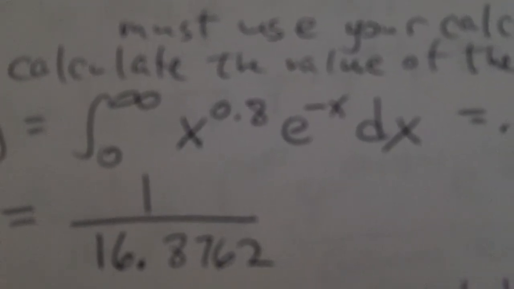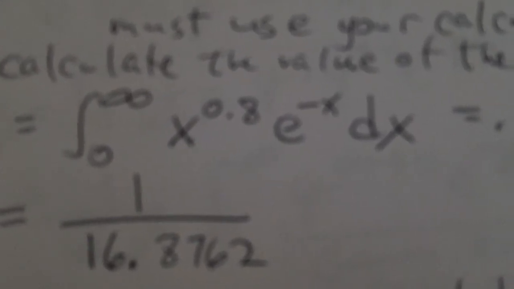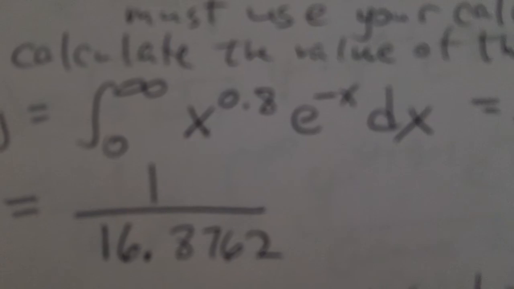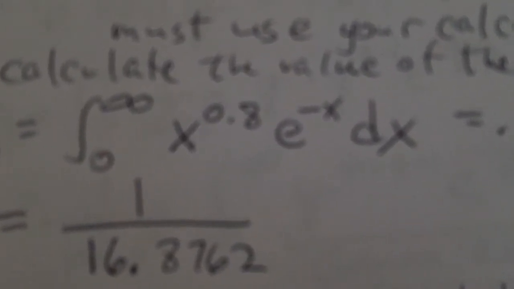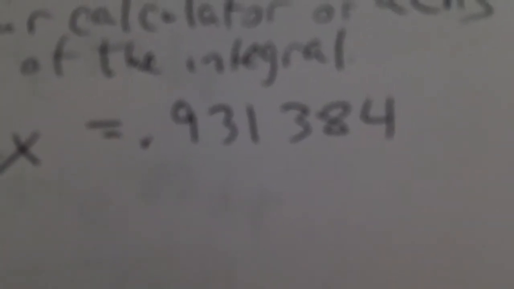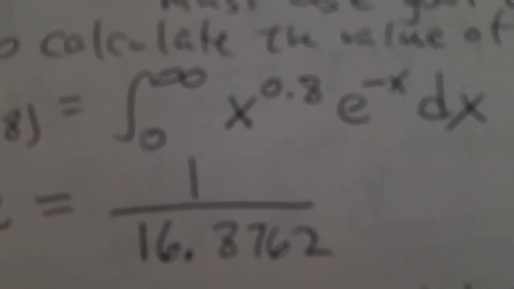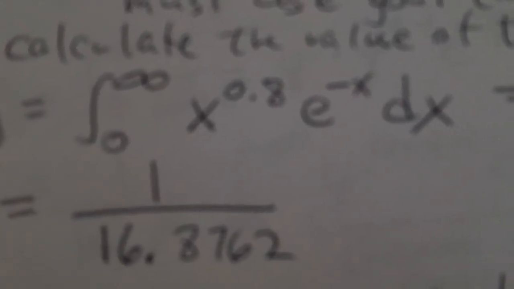The problem is that as far as the TIs are concerned, it has a lot of trouble with doing this integration, especially on the 83s and 84s, but I've seen trouble on the 89s as well. It turns out that if you try to go 0 to infinity on any of these calculators, you end up getting some weird outputs.